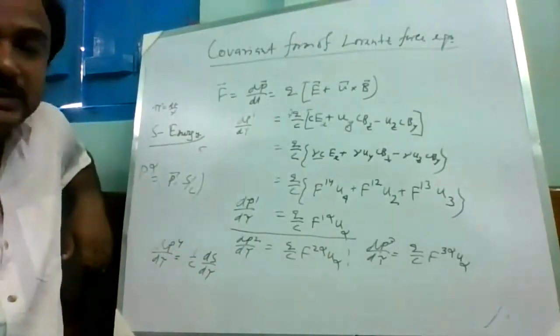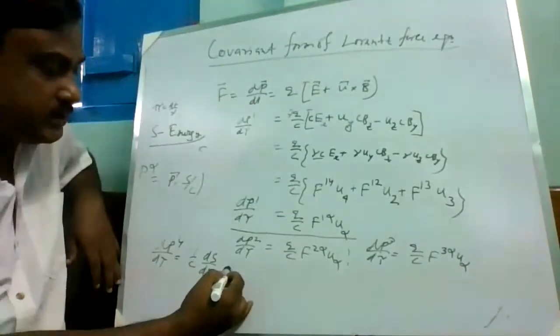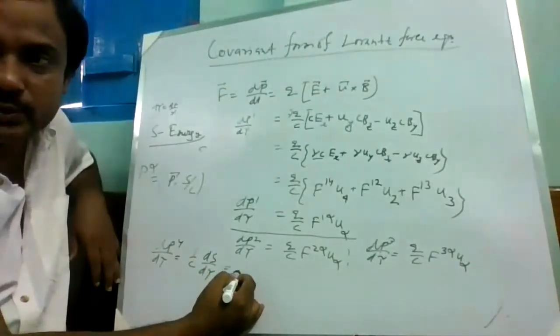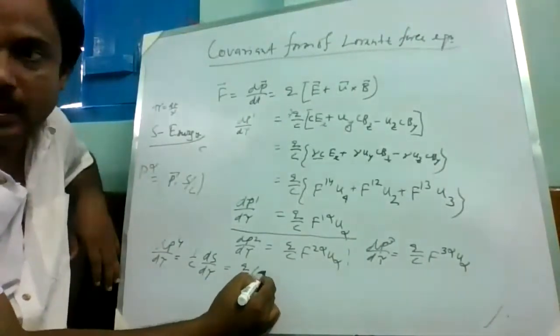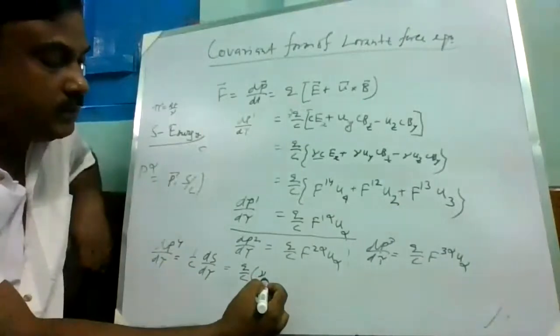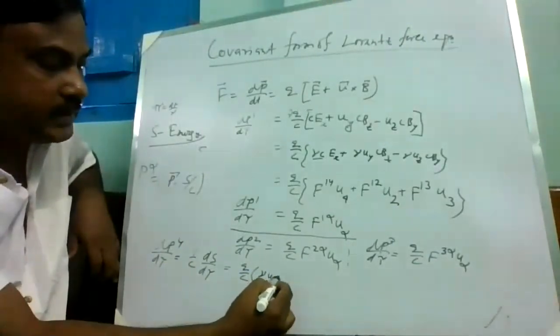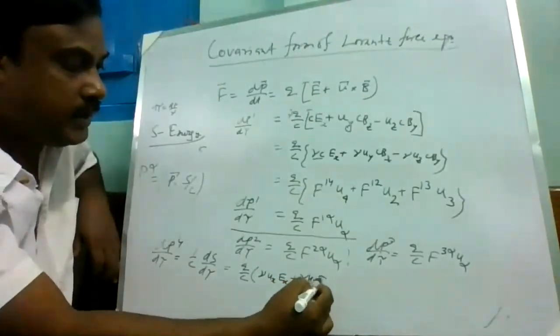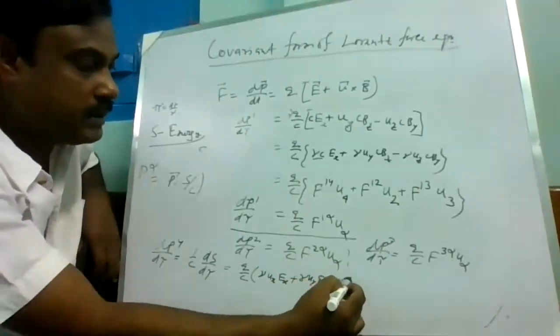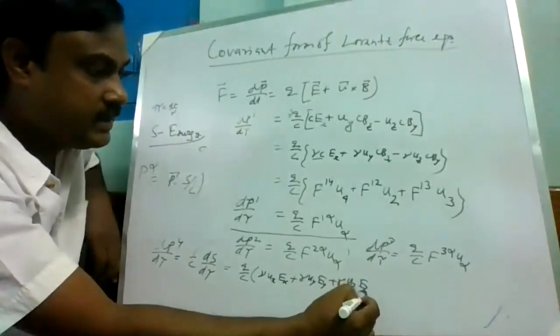Now dS by dt was there in the energy equation, so dS by d tau will be equal to q by c gamma u dot e. So gamma ux ex plus gamma uy ey plus gamma uz ez, right?